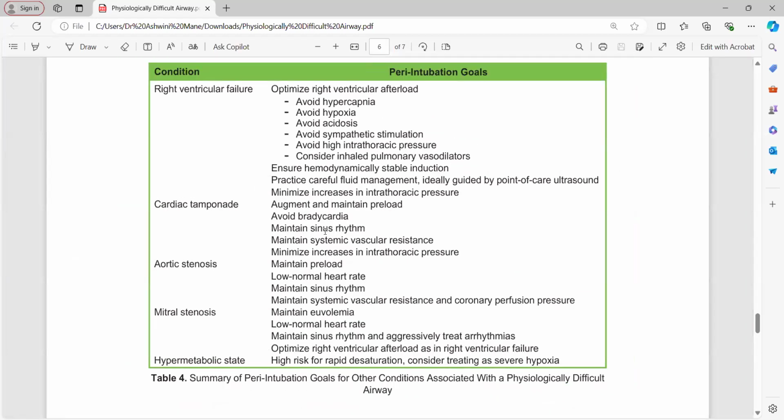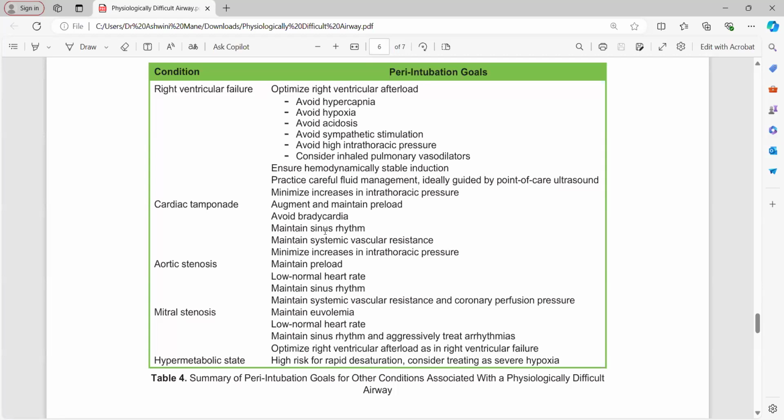So we'll see this table which summarizes the peri-intubation goals in different conditions. If the patient has right ventricular failure, then optimize the right ventricular afterload by avoiding hypercapnia, avoiding hypoxemia, avoiding acidosis, avoiding sympathetic stimulation, avoiding high intrathoracic pressure, and consider inhaled pulmonary vasodilators.